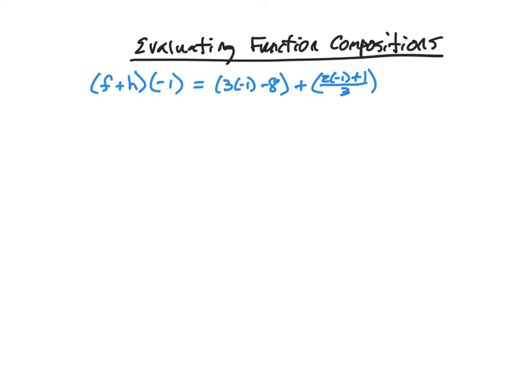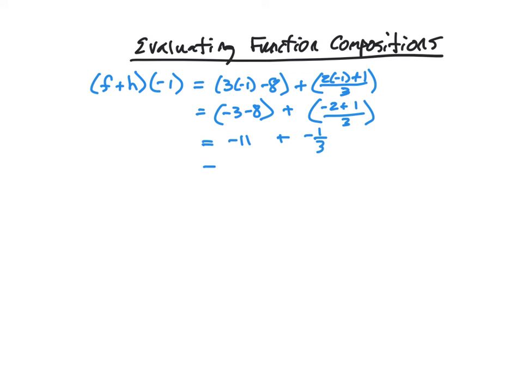And now I can just begin the simplification or the evaluation process. That gives me -3 minus 8 plus, this would be -2 plus 1 over 3. This gives me -11 plus, so I get -2 plus 1 over 3 gives me -1/3.